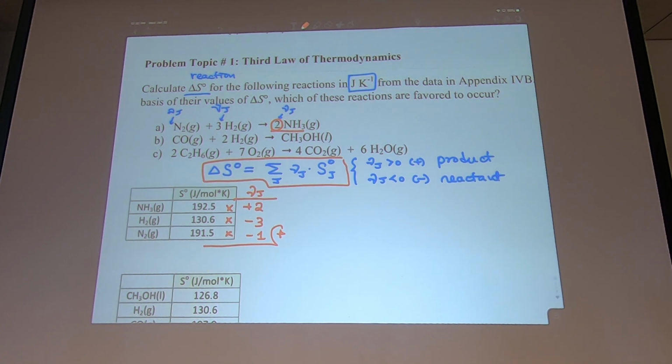So this is exactly what I'm performing, multiplying that. And then you will get minus 198.3 joule per Kelvin. So that's your delta S naught for this reaction.